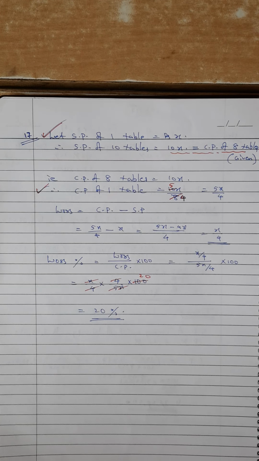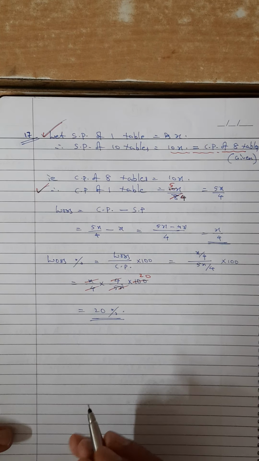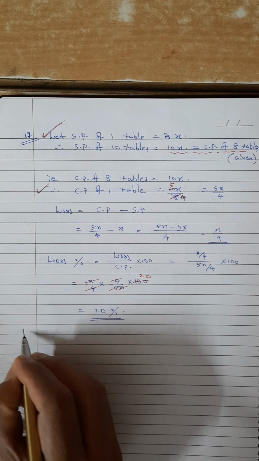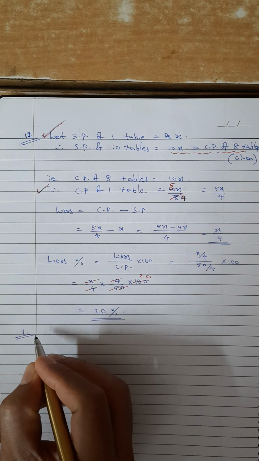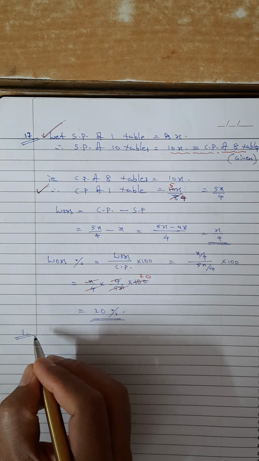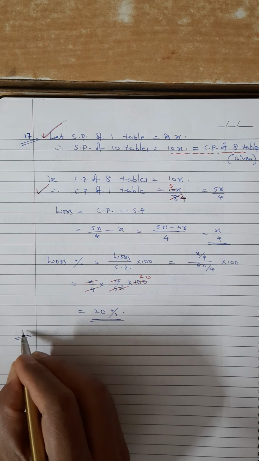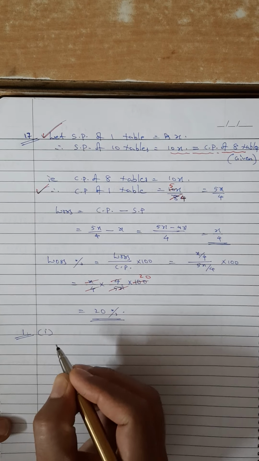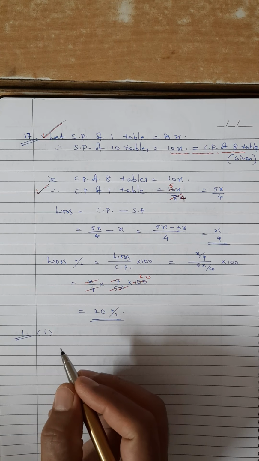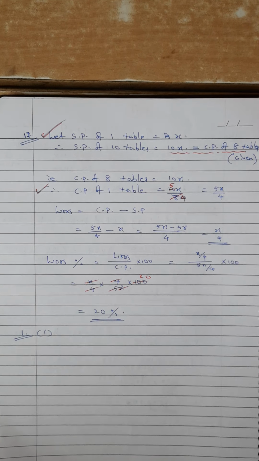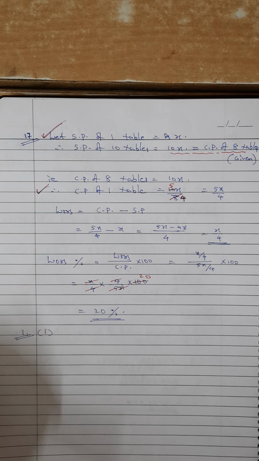Now we have one question of exactly the same type, that is question number 1, first part. If the cost price of 12 shirts is equal to the selling price of 10 shirts, it is written: cost price of 12 shirts is equal to selling price of 10 shirts.